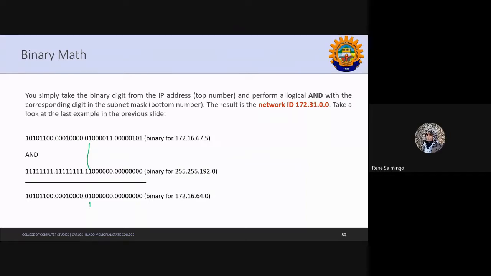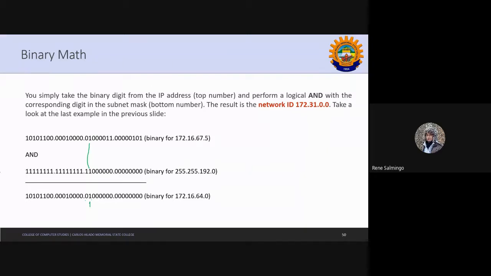But 0 and 1 is 0, so that is also correct. And this one, 1 and 0 is 0. So the result value for this is 172.16.64. That is your network ID for the given example.